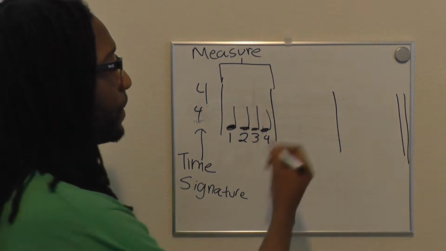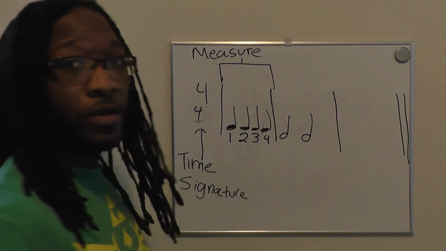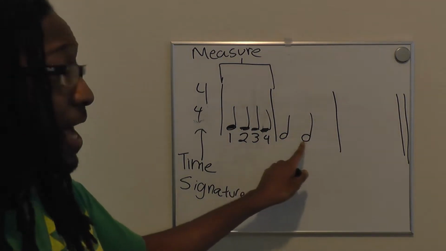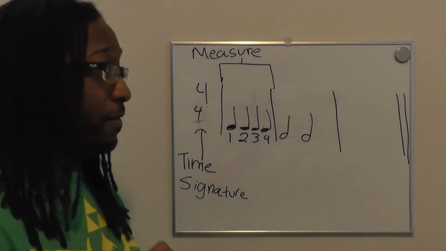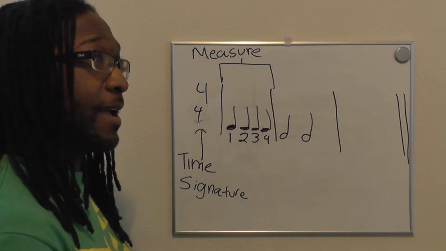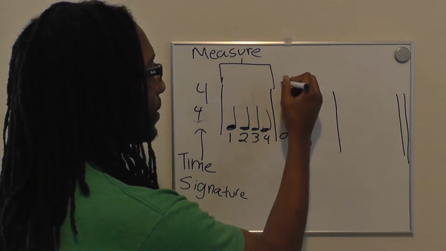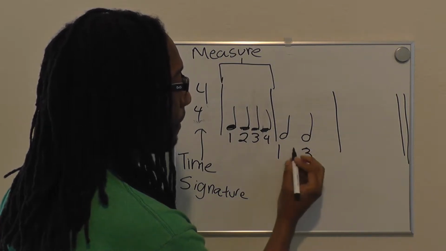Alright? If I do this, we have half notes because these are not filled in. And these half notes you hold for 2 beats. So if I were to do that, I would say 1, and then I would say 3.